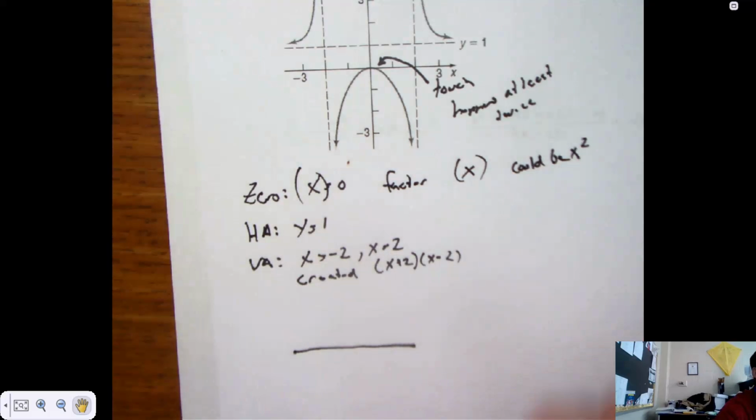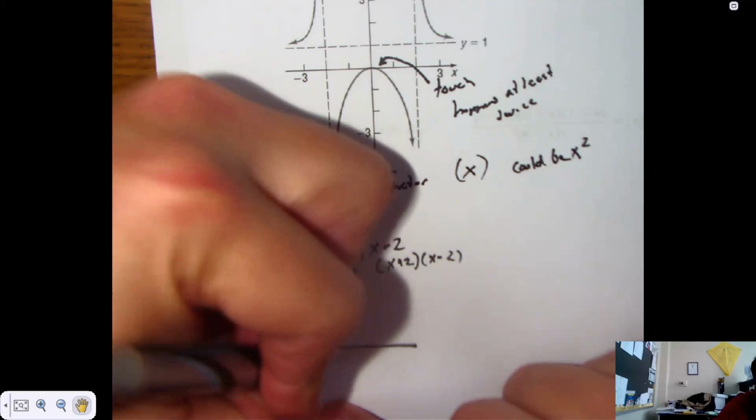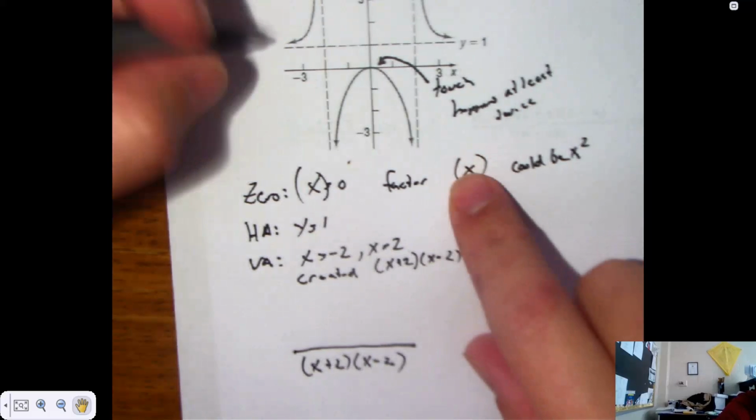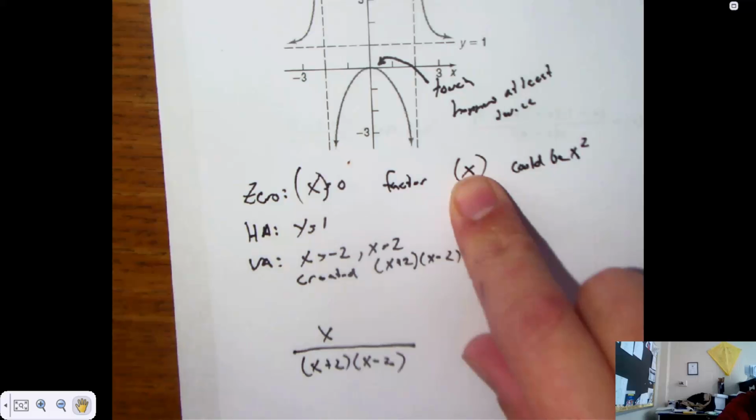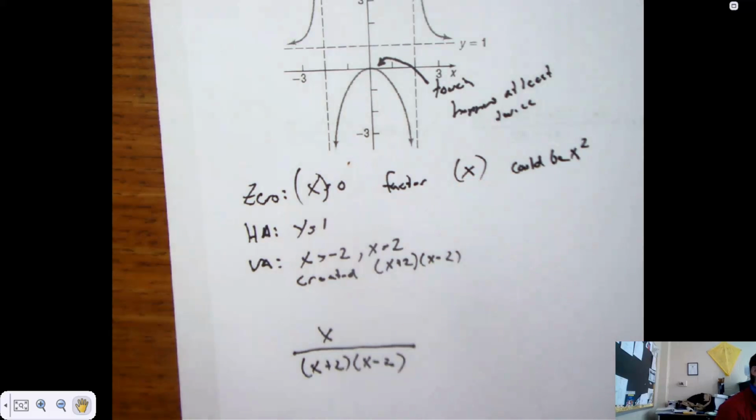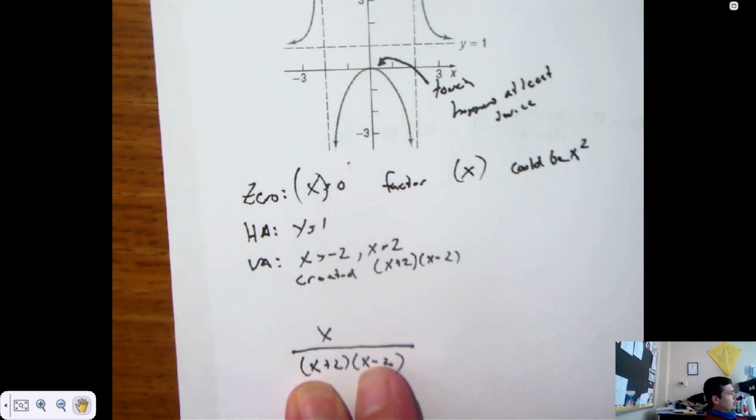So that's just going to go down in the denominator, x plus 2 and then x minus 2. And up top, I'm just going to put the x. And this is why I mentioned that that could be x squared. If we do near math down low, we have x squared, don't we, if we did some FOIL method? And we'd have x over x squared.